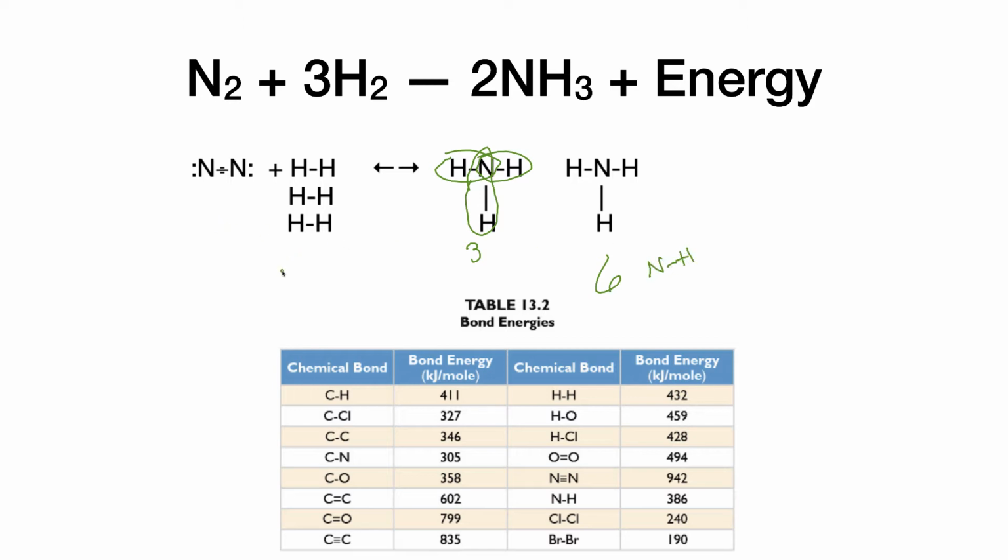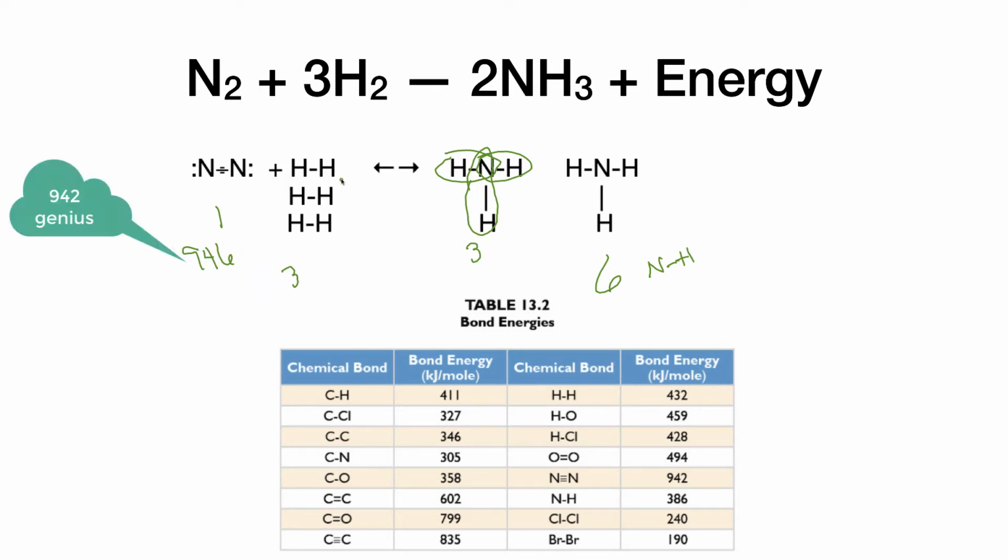We have 3 of the HH bonds and 1 nitrogen triple bond to a nitrogen. So when we look at our table down here, start with our nitrogen over here. We find nitrogen, triple bond nitrogen. There it is. That has a bond energy of 942.